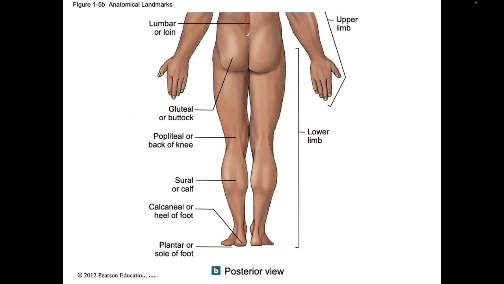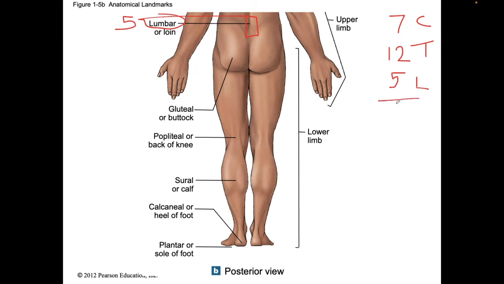The lower back is called the lumbar region, and we have 5 lumbar vertebrae. We had 7 cervical vertebrae, 12 thoracic vertebrae, and 5 lumbar vertebrae. So you have 7 cervical, 12 thoracic, and 5 lumbar. Neck, mid-back, lower back.